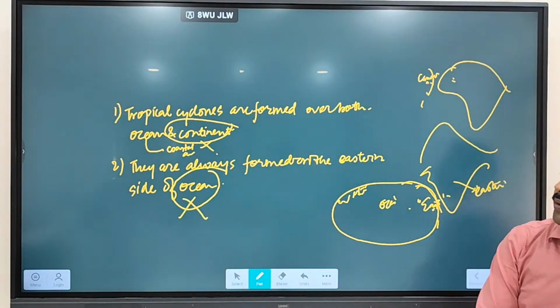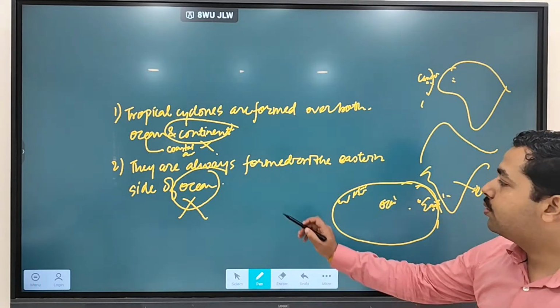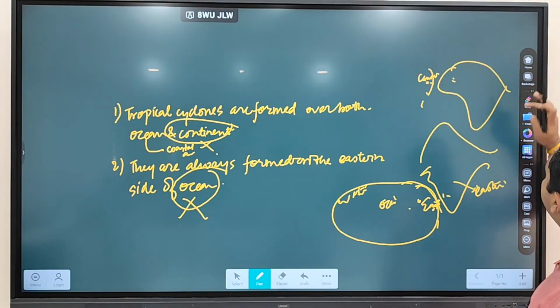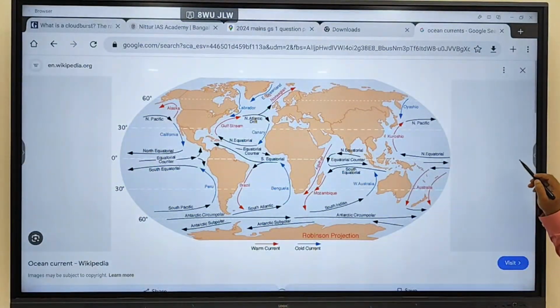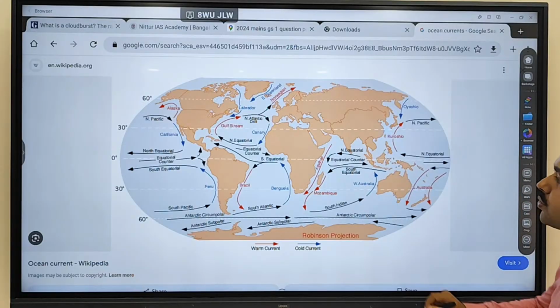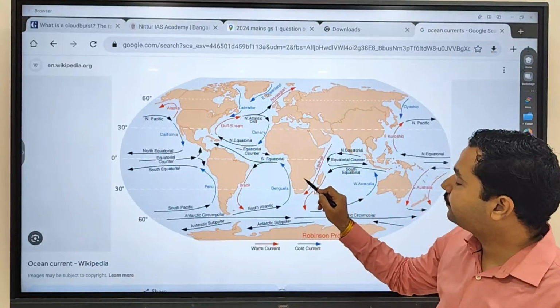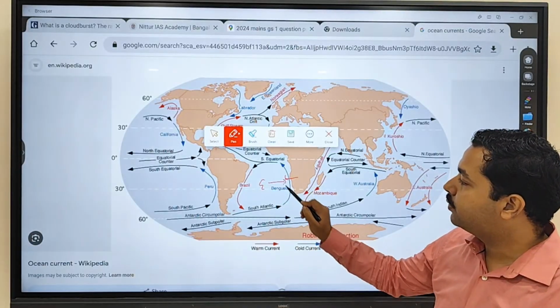So the thing that you have to keep in mind is what is written in the question. They are always formed on the eastern side of what? The eastern side of the continent. It should not be the eastern side of the oceans. Fine. Any doubt regarding this particular thing? So if you see the map, this is the west side of the continent, but it is the east of the oceans.